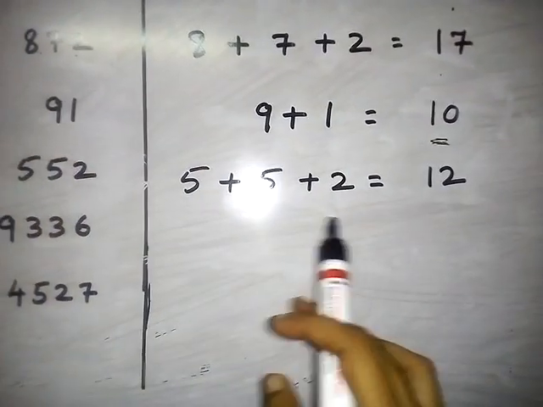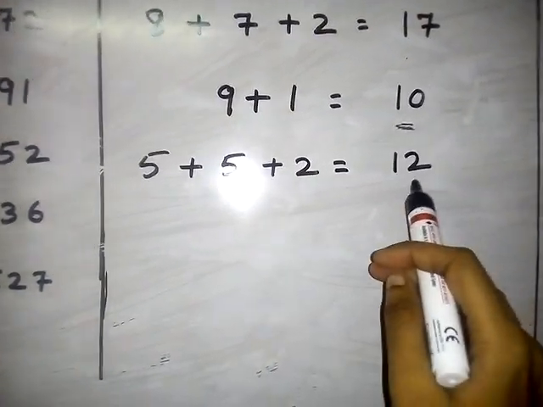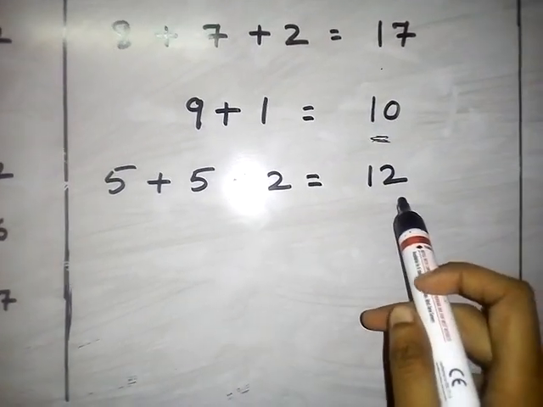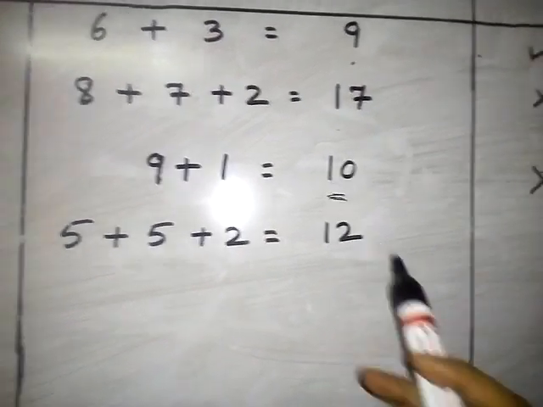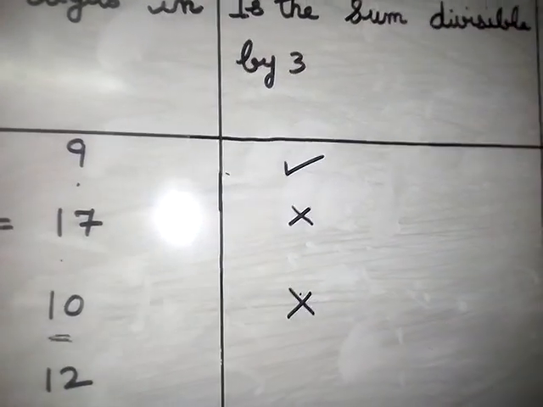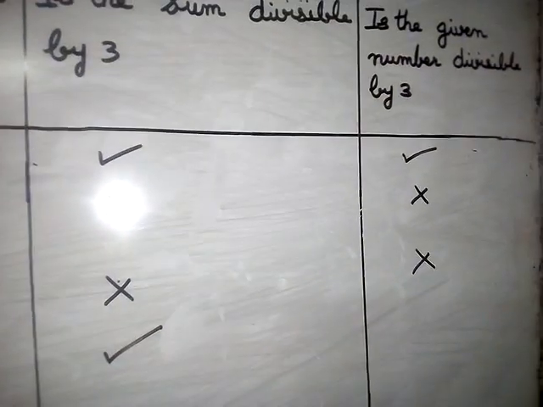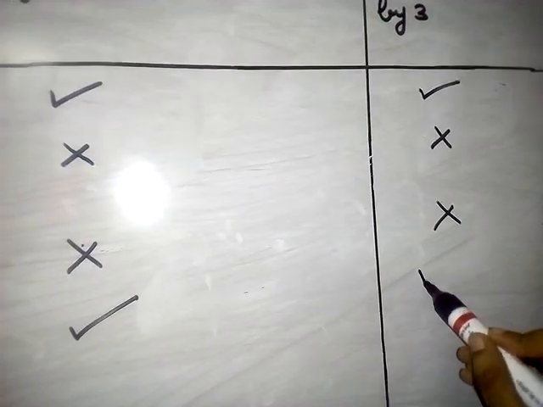After adding the digits in addition form, answer getting 12. So say the 3 table. Is number 12 there? Yes. 3 4s are 12. Is the sum divisible by 3? Yes. Is the given number divisible by 3? Answer is yes.